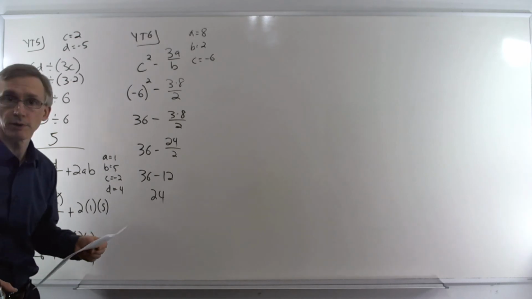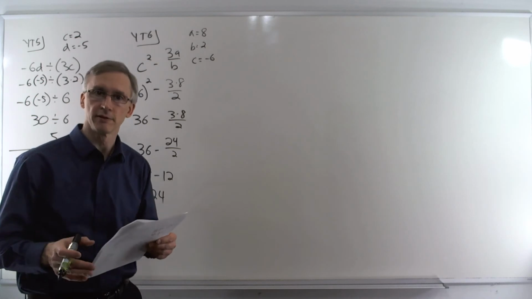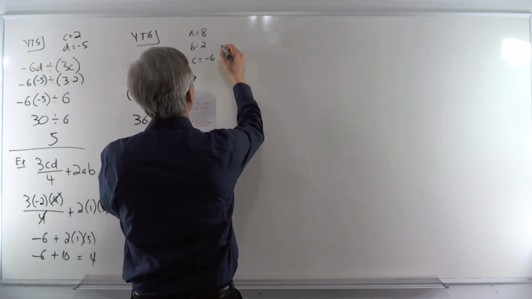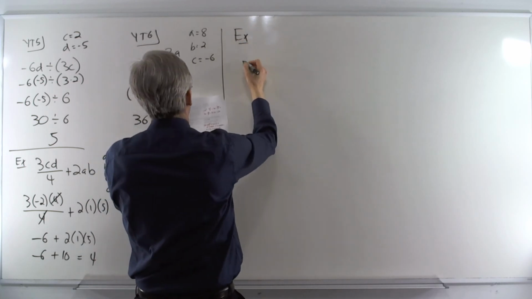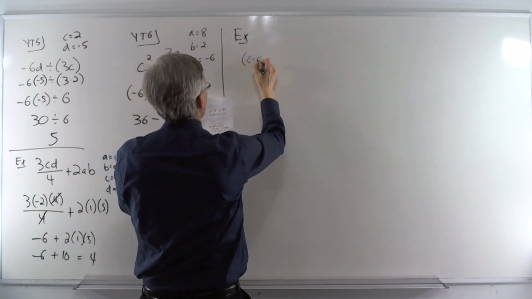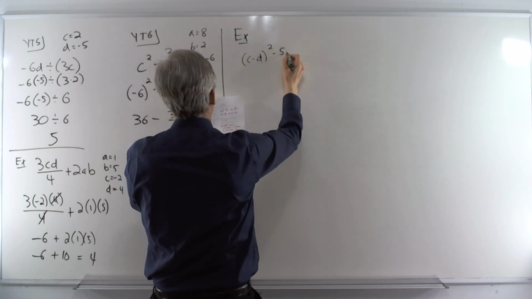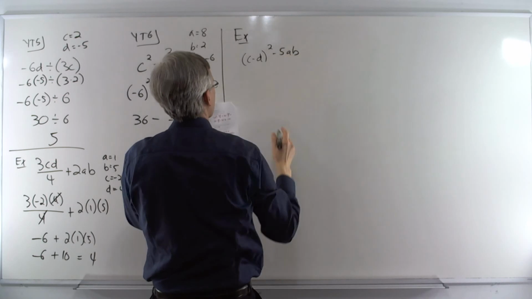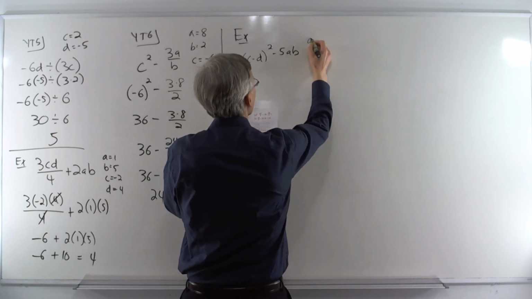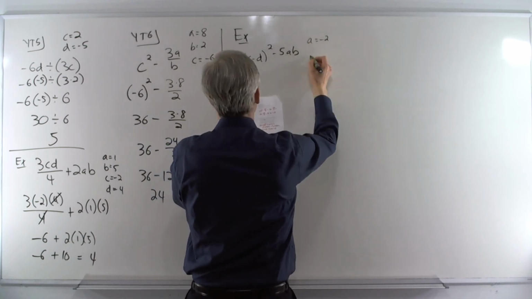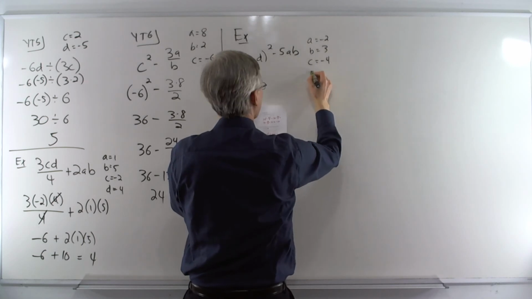Now we're going to look at some expressions that are a little bit more complex, and keeping in mind your order of operations becomes especially important here. c minus d, squared, minus 5ab, when a equals negative 2, b is 3, c is negative 4, and d is 1.